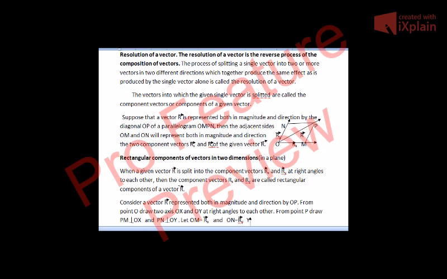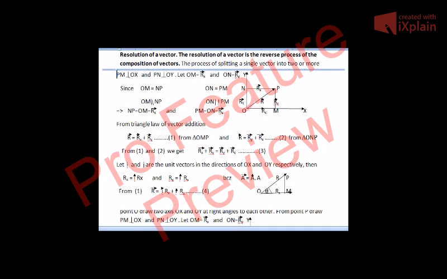Let OM be equal to Rx and ON be equal to Ry.